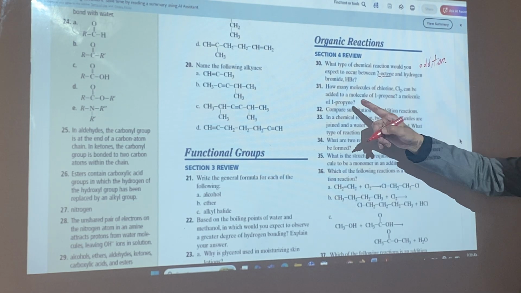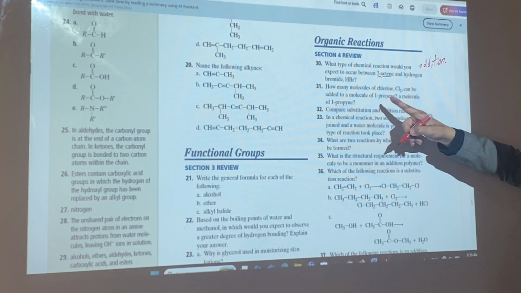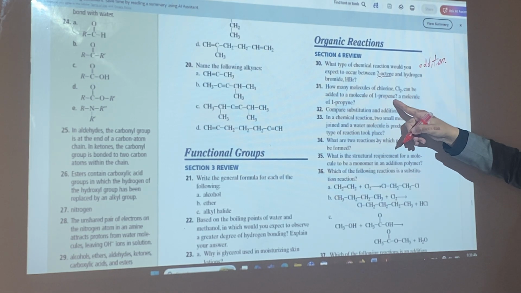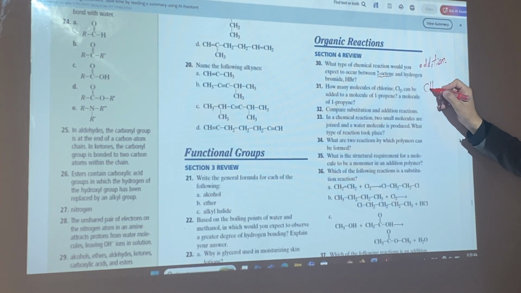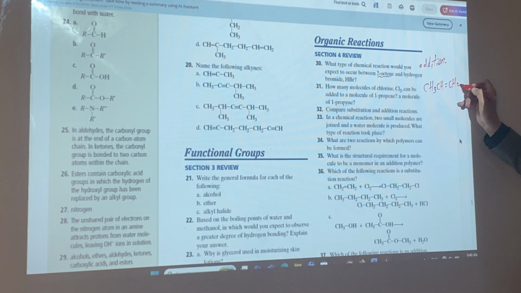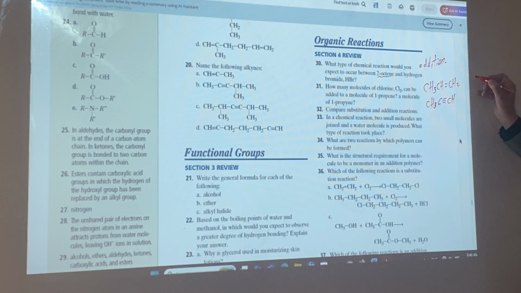Question 31: how many molecules of chlorine Cl2 can be added to one molecule of propene or one molecule of propyne? Propene contains just a double bond, and propyne contains a triple bond, remember, an alkyne. Propene needs one Cl2 to be saturated, and propyne needs 2 Cl2 to be saturated.